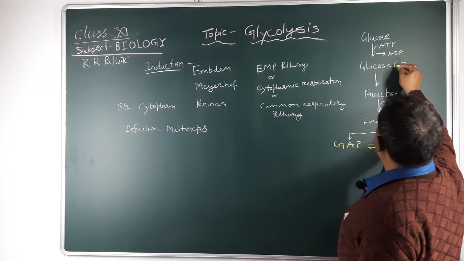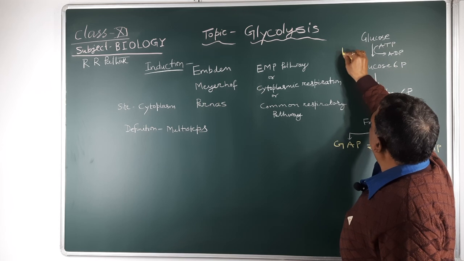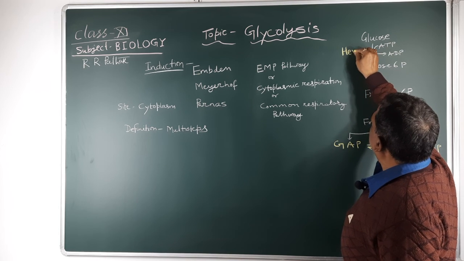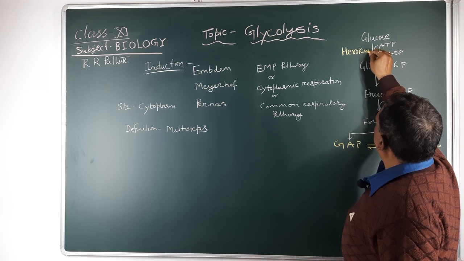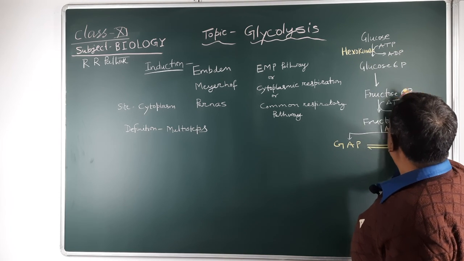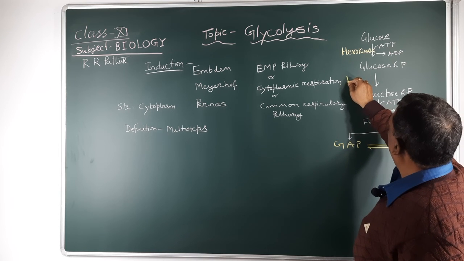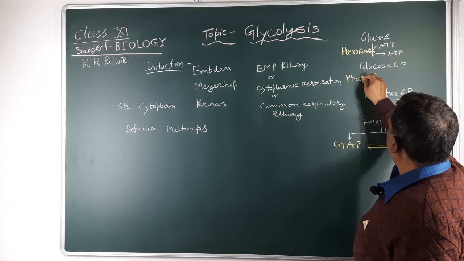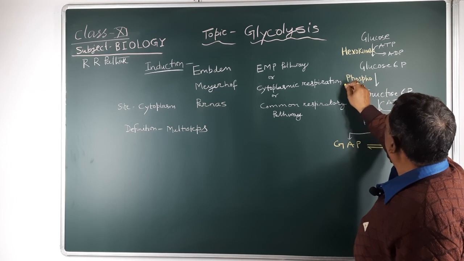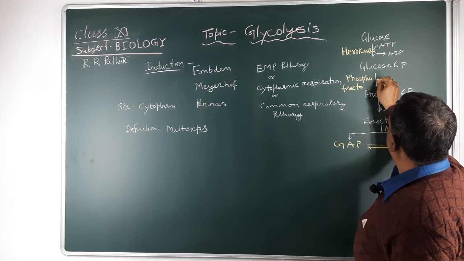Glucose is converted into glucose 6-phosphate in presence of hexokinase enzyme. Glucose 6-phosphate is further converted into fructose 6-phosphate by phosphofructoisomerase.